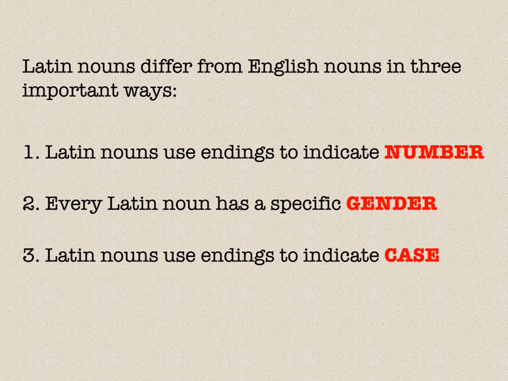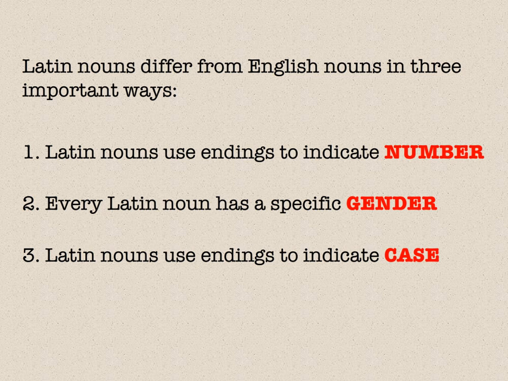Okay, so although in its basic function the Latin noun is the same as the English noun, in that it functions as a naming word in the sentence, Latin nouns differ from English nouns in three really important ways. We'll see in the next lesson that Latin nouns use endings to indicate two specific things: whether the noun is singular or plural, so one or many, and this is the number of the noun, and which case the noun is in.